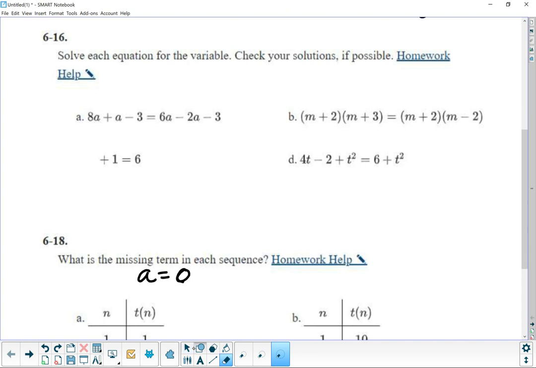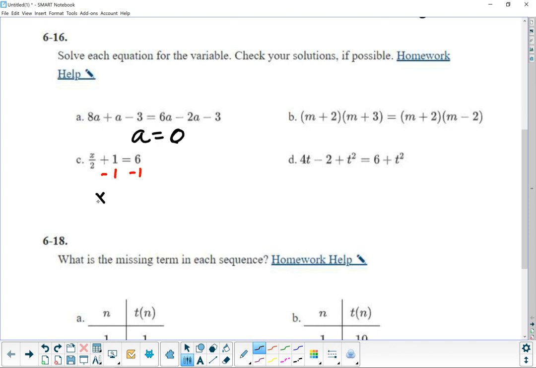So my answer is a equals 0. And while I'm at it, I'm going to go ahead and do C. Okay, I'm already on this side. So C looks like I need to solve for x. So in this case, I am going to subtract 1.